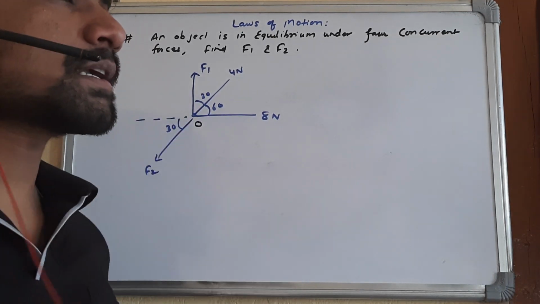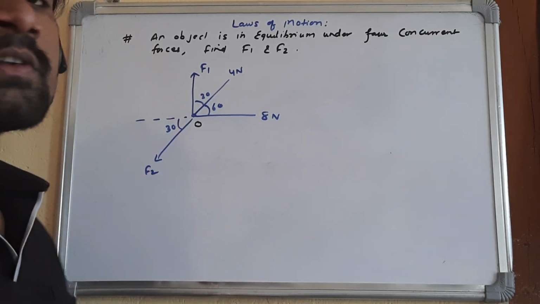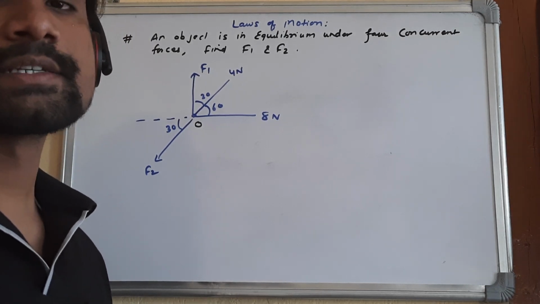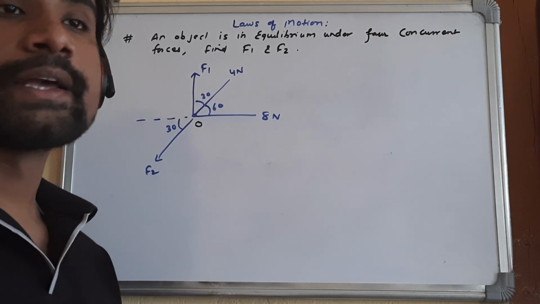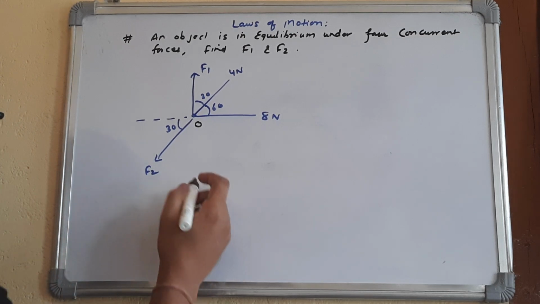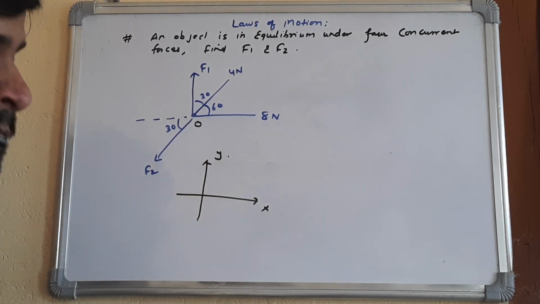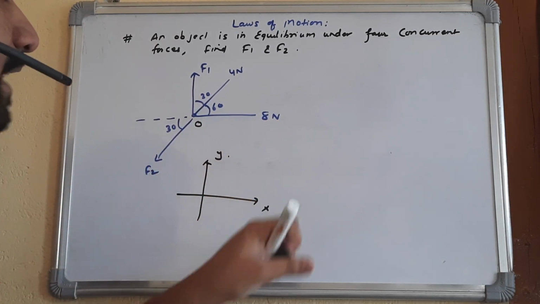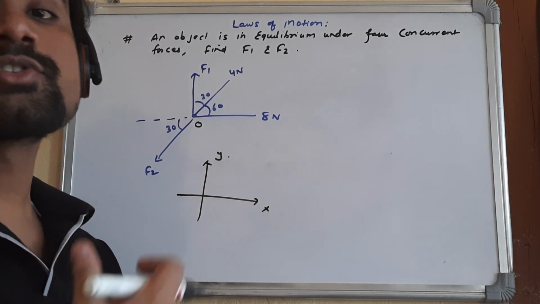So again, this is a type of coplanar force because force is acting in 2 different directions, right? Force is not unidirectional. It is acting in multiple directions. So we need to take it axis by axis, right, and understand. So let's take the reference axes as the standard x and y, like this. So F1 is along y, 8 Newton is along x, but these two are not along anything, so we need to resolve them. You know, resolution of vectors.